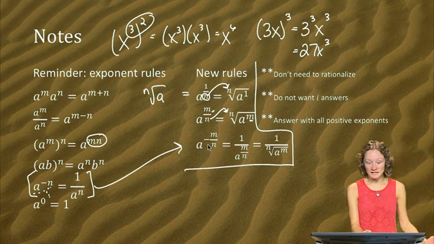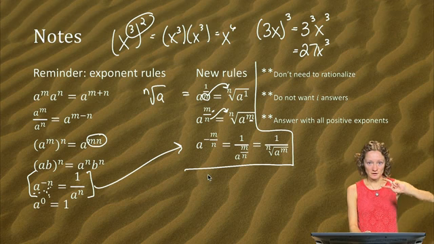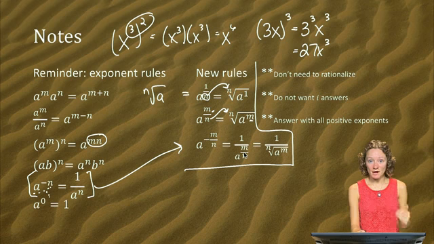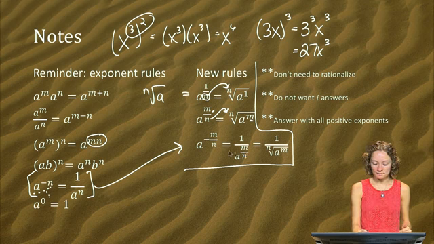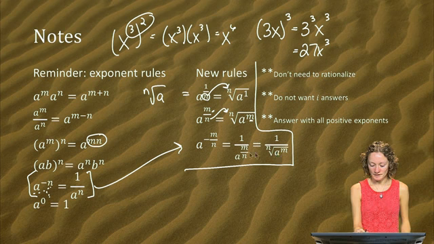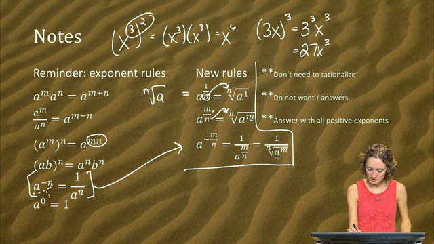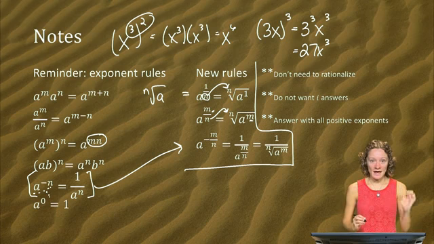So we have a to the negative m over n. First, flip its position in the fraction. So we have 1 over a to the positive m over n. And then the second rule helps us get to this final line. The second rule ultimately is the change here. It's just all happening in the denominator. So we have 1 over the nth root of a to the m power.